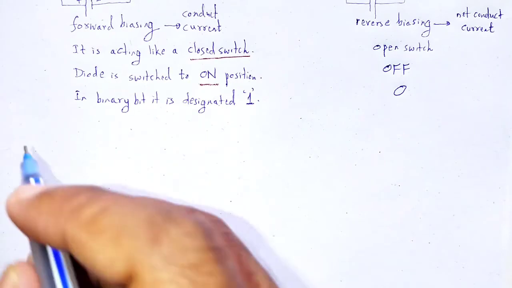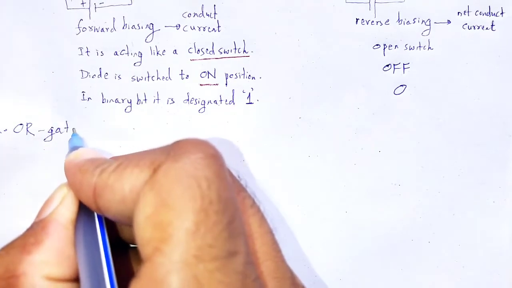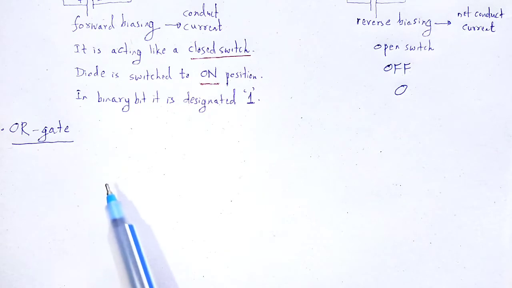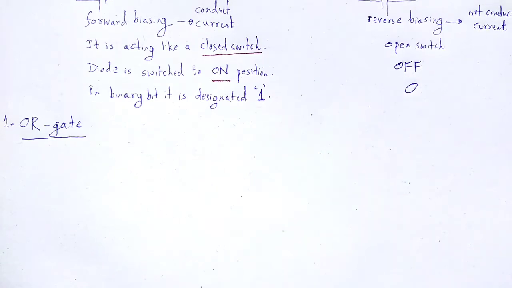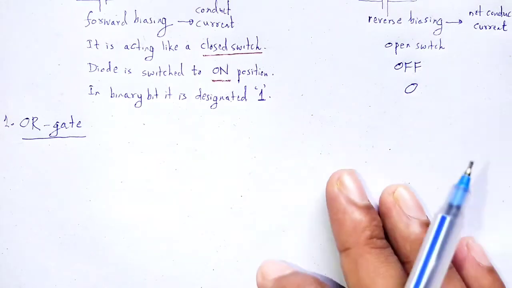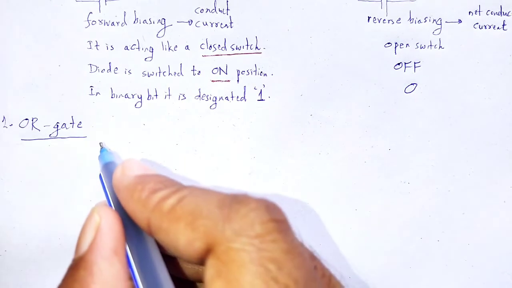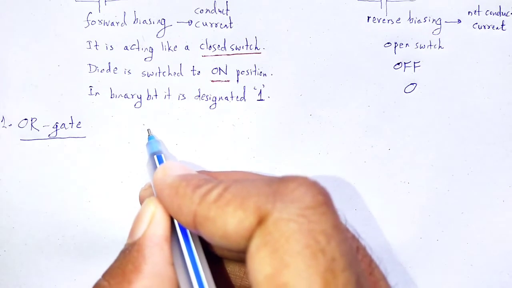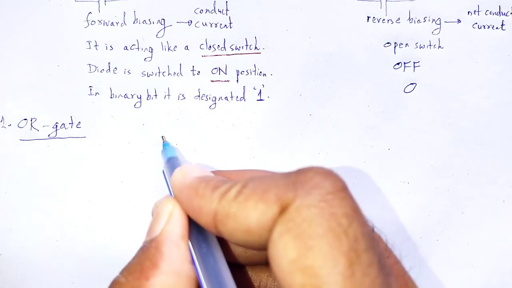By taking the OR gate, realizing the OR gate by using diodes. In the truth table, we know the OR gate has 2 inputs.